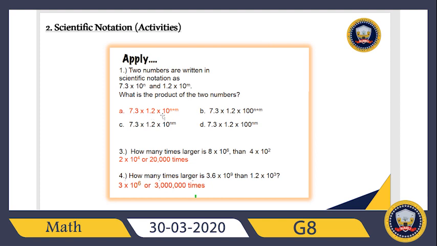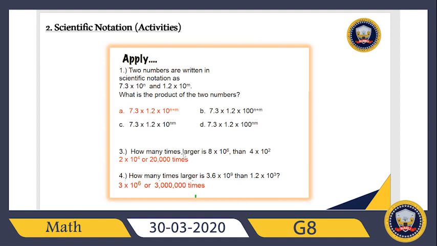This is correct. Now times 10 to the power of, what do we do to the powers? Of course, multiplication with the same base 10, so we add n plus m. It's not multiplication. It's not 100, it should be 10. So these are all wrong except for A, which is right.